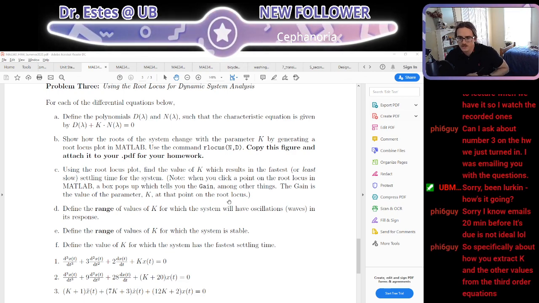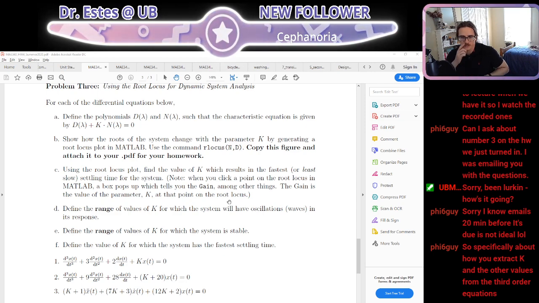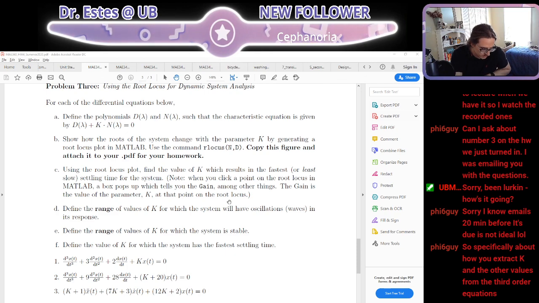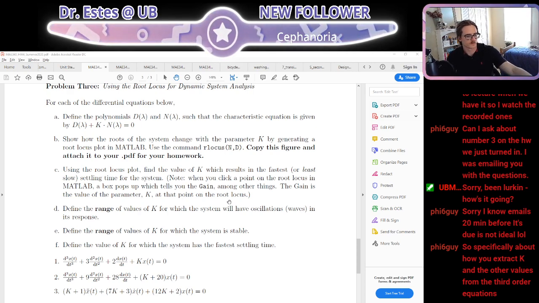Specifically about how you extract K and the other values from the third order equation. Sure. Let's do it.